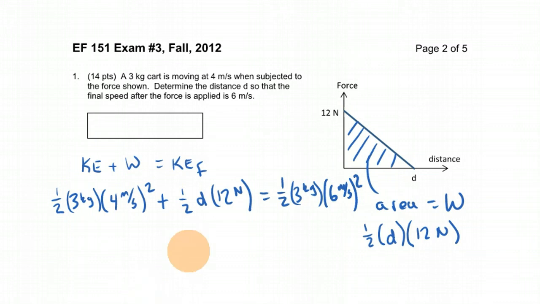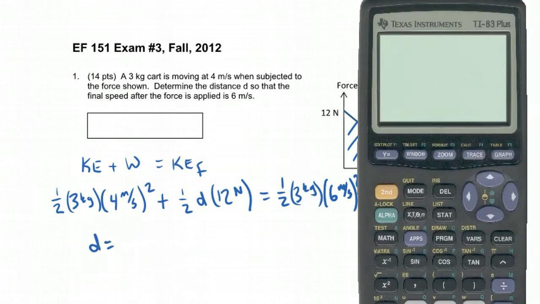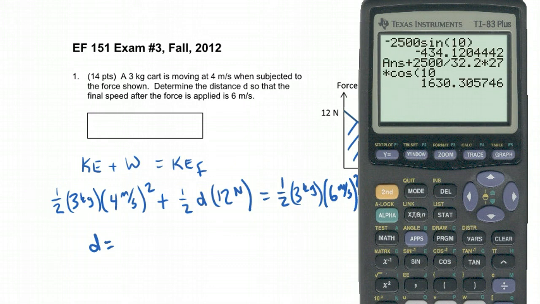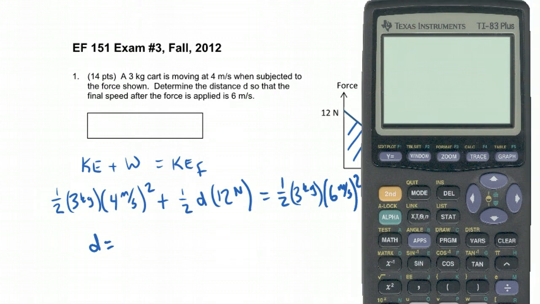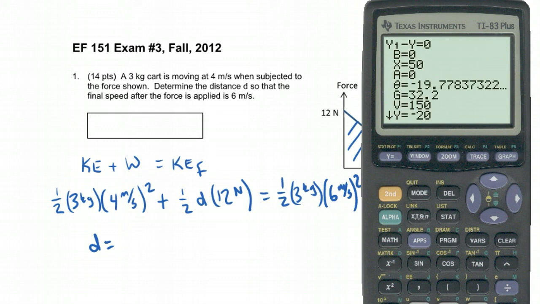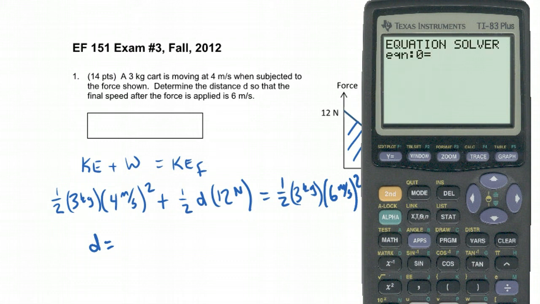Alright, so now it's just a matter of solving this equation for d. So, like all the other videos, I will do that. Okay, I'm going to use a solver, even though it's not that hard of an equation. Lets me type it in exactly like I see here. So I'll get my solver reset, basically move this over to the other side.